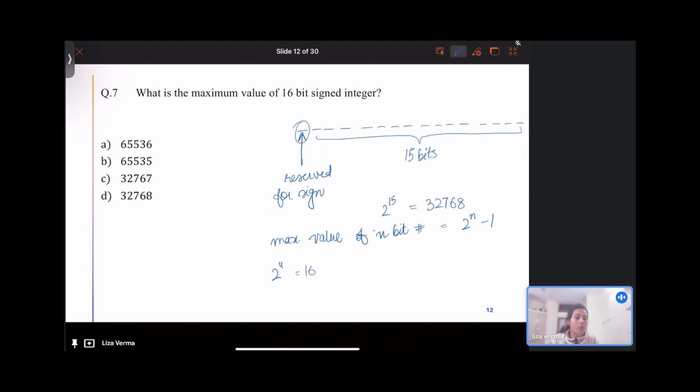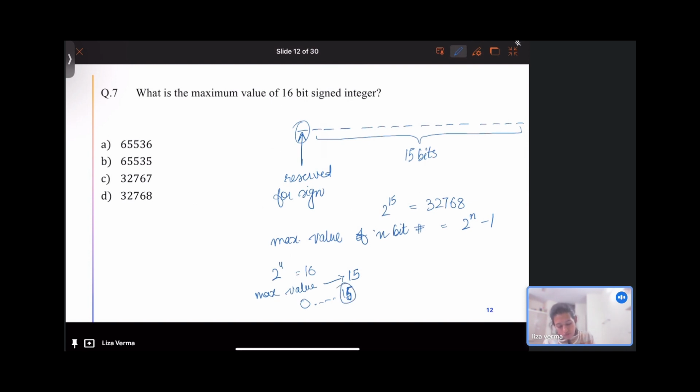But what is the maximum value that can be represented by 4 bits? That won't be 16, the maximum value will be 15, because we start the numbers from 0, right?